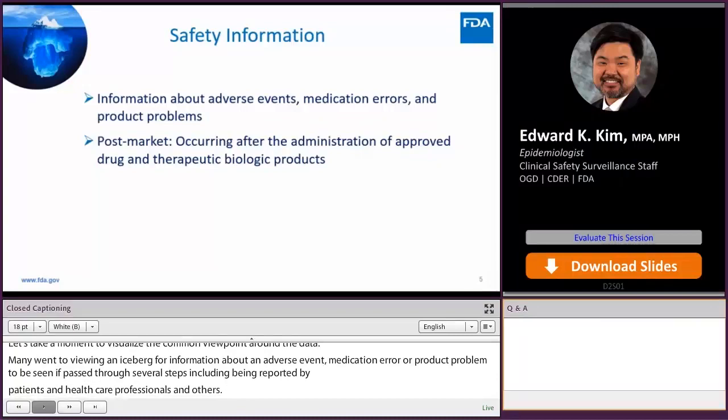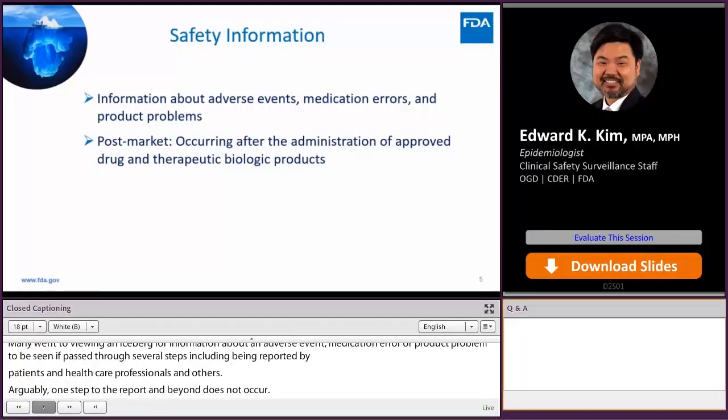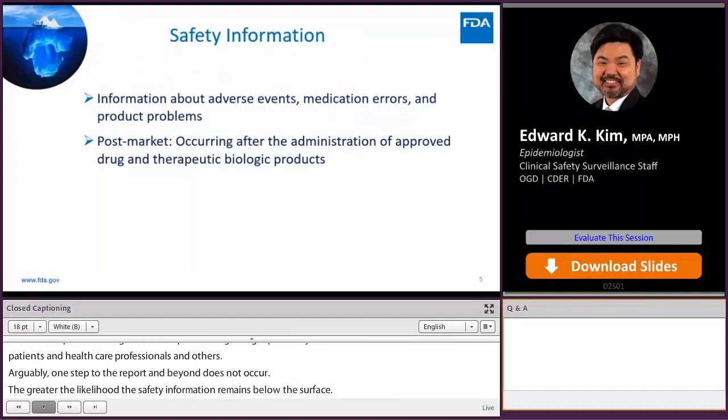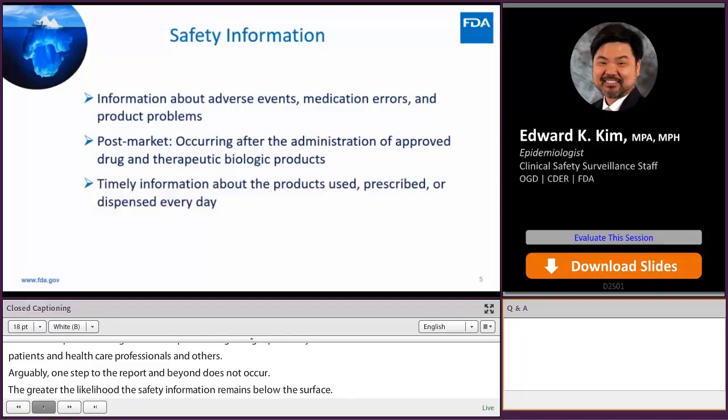Here, the moment you and I take that step to report a drug safety problem to MedWatch, whether it's individually or through a healthcare provider, is the moment you and I participate in revealing a tip of the drug safety problem iceberg. And with timely collective data on post-market experiences, we take another important step towards revealing the iceberg.